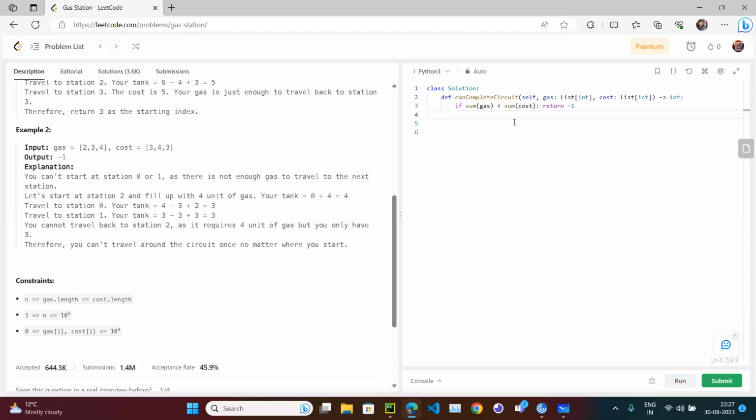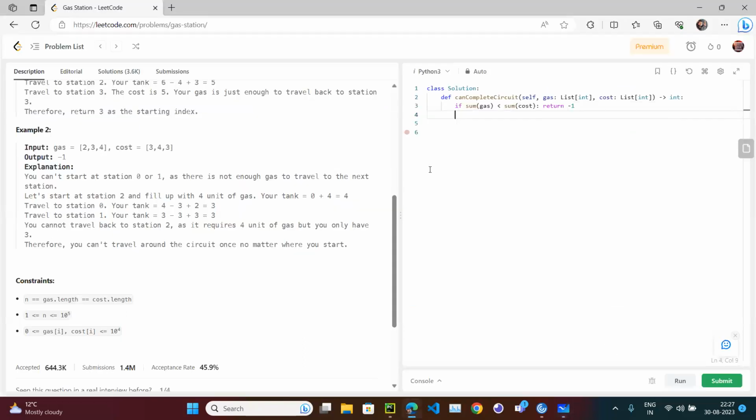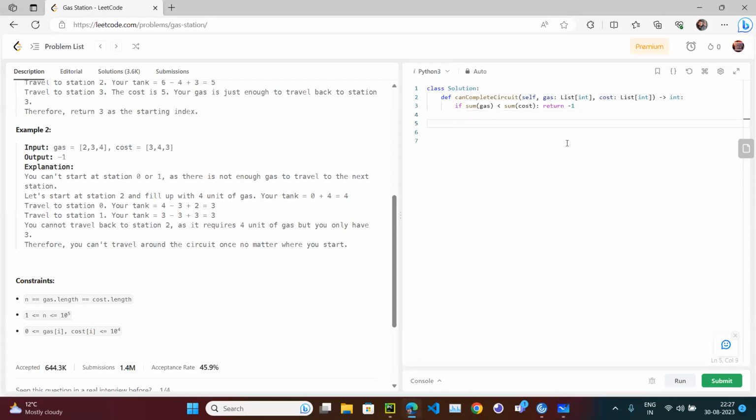Got it? So if gas is, let's suppose, 15 liters, and we have to spend 20 liters, we are not going to complete the circular route. All right, so which is fine now.